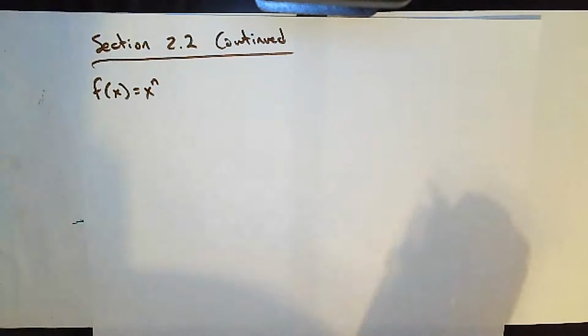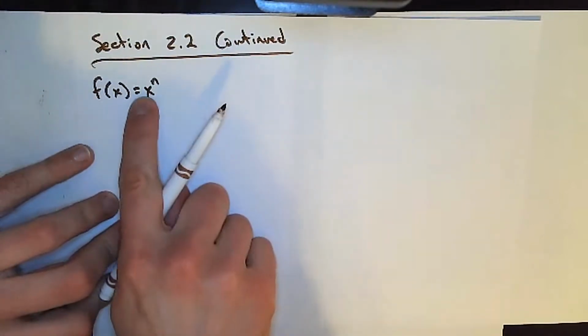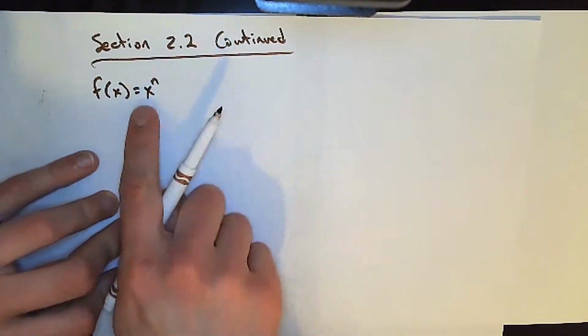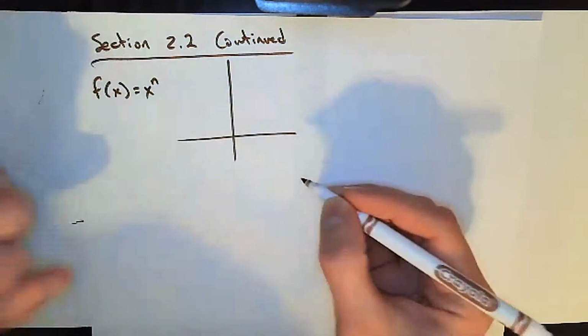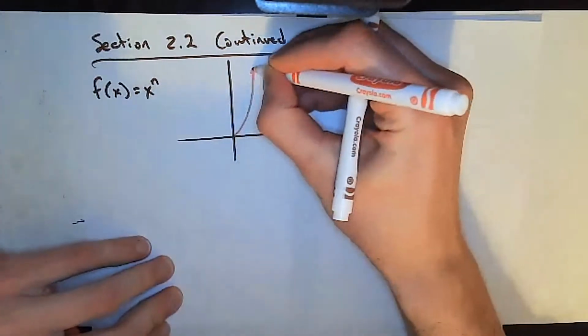n, and we said that in general, with nothing else going on with this function, no negatives, just an x raised to some power, the shape is going to be like this.